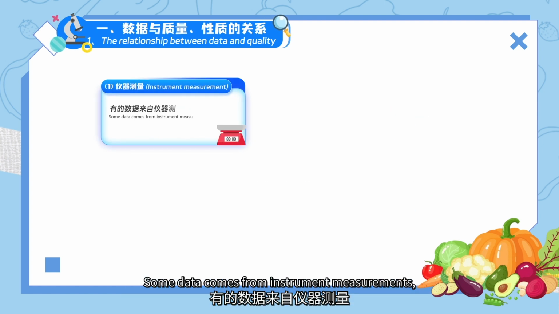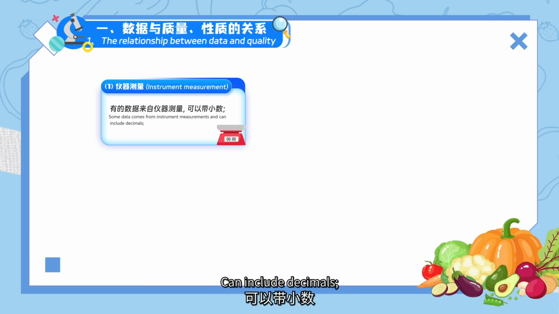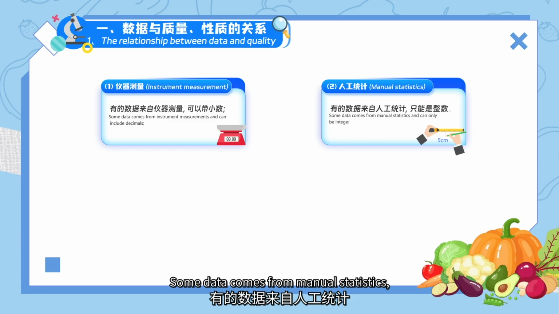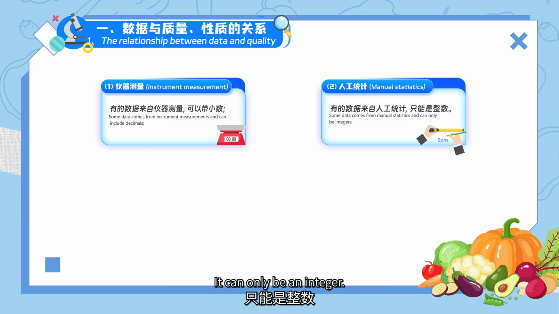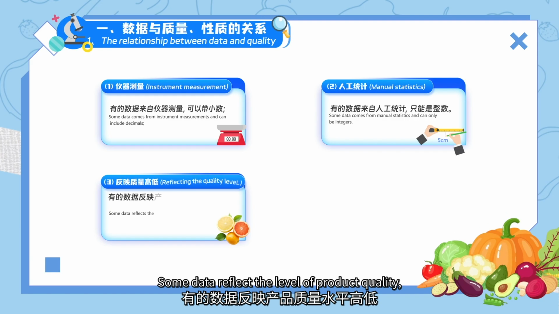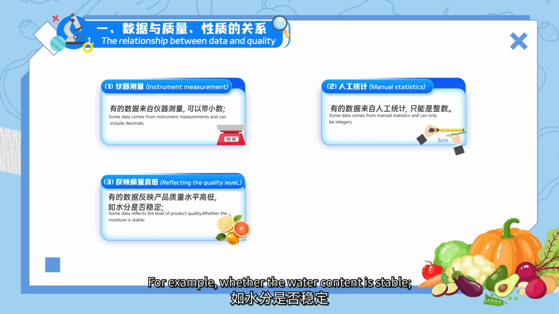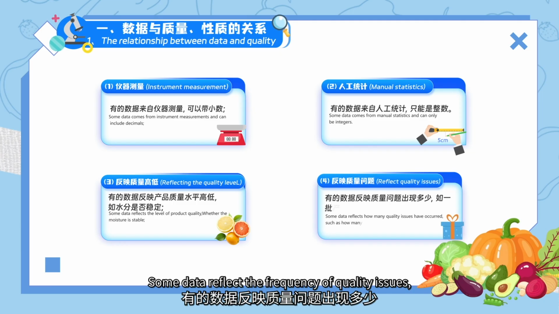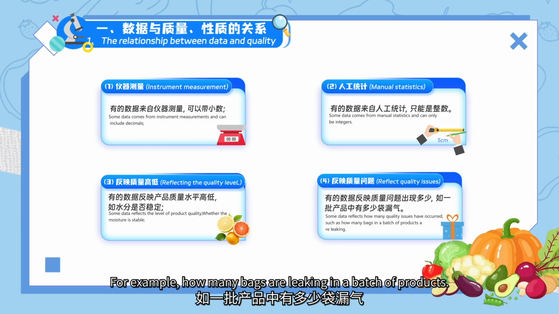Some data comes from instrument measurements and can include decimals. Some data comes from manual statistics and can only be an integer. Some data reflects the level of product quality, for example, whether the water content is stable. Some data reflects the frequency of quality issues, for example, how many bags are leaking in a batch of products.